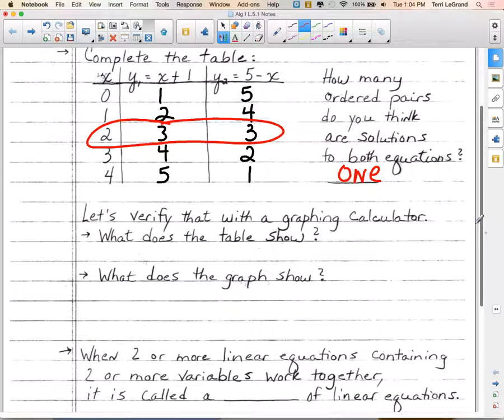Okay. Now, did we make all the possible ordered pairs that we possibly could? Did we make this table for as many things as really could be in it? No, we didn't even touch on the negative x values, did we? So I want you to scroll through that table and see if you can ever find another x value where the y's in both columns match up.